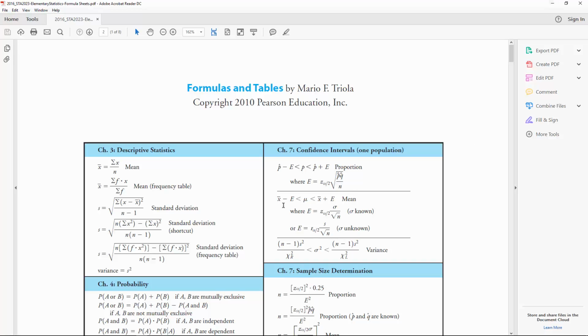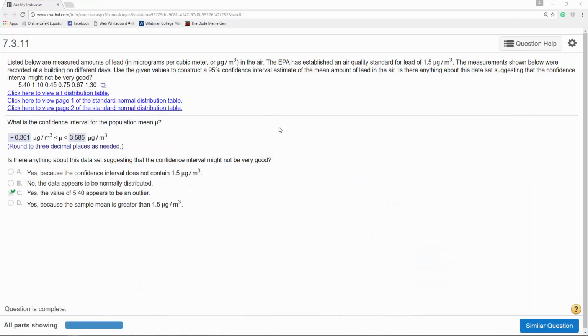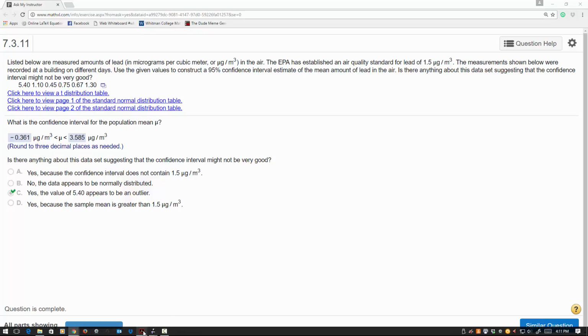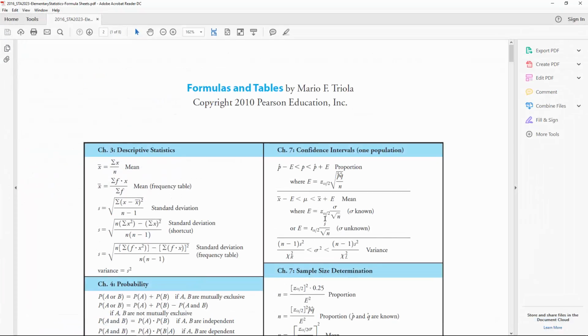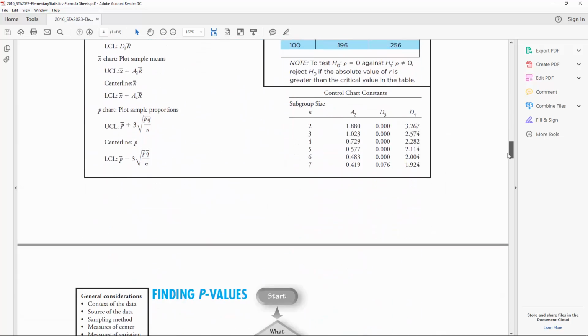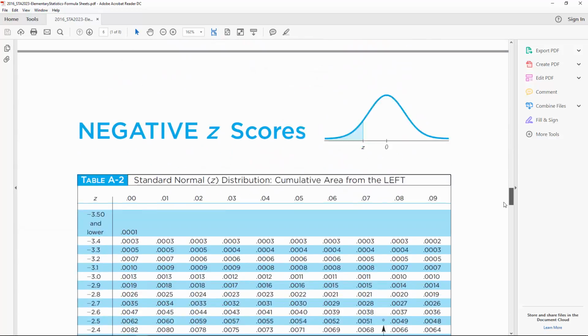So as you can see, I need the mean of that data set. I need the standard deviation, and then of course the sample size and this t alpha over 2 value. So let's first go back here and find this t value. You go to the t-table, if I can find it.